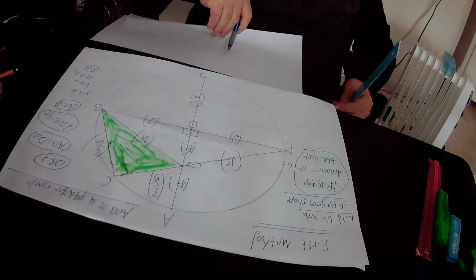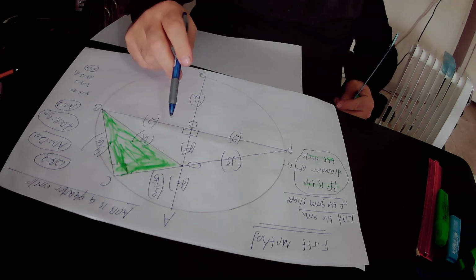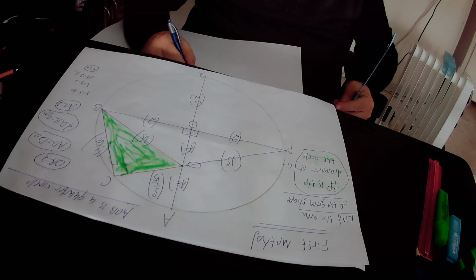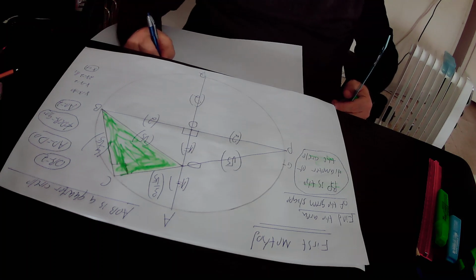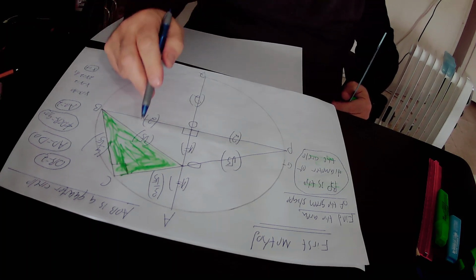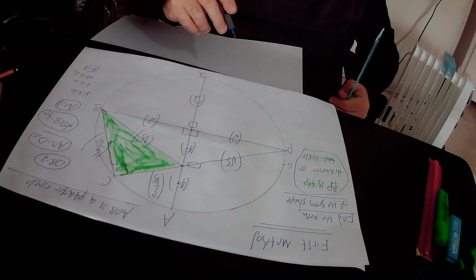We'll choose the base of this green right triangle DCB as DC. Therefore the height must be CB. Why? Because CB creates 90 degrees with the base CD. This angle equals 90 degrees.